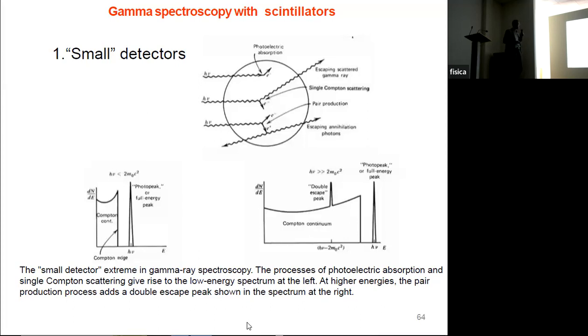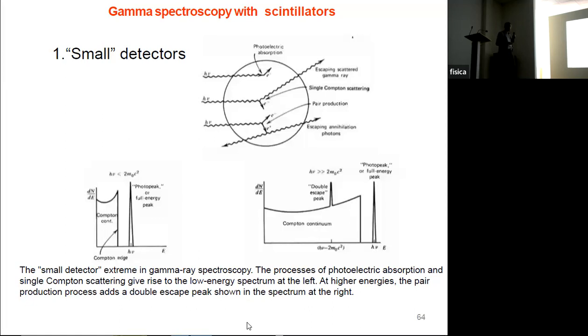And all events concerning photon scattering are not so good for us because they don't contribute to this peak and make our energy resolution worse than it would be.